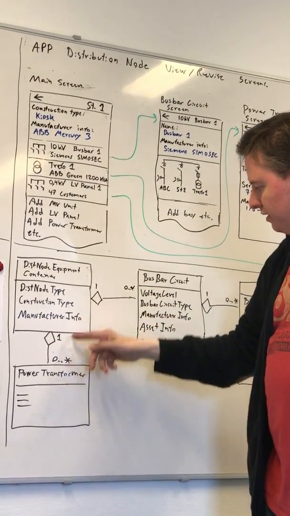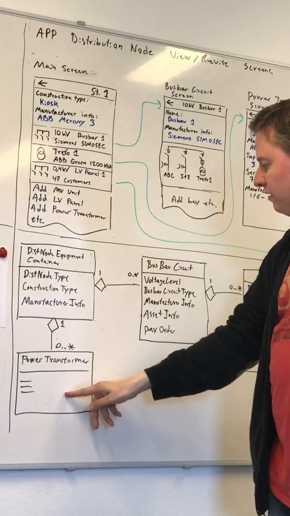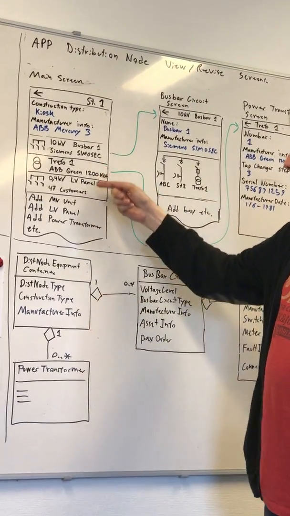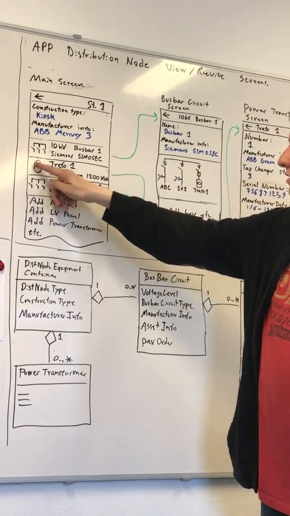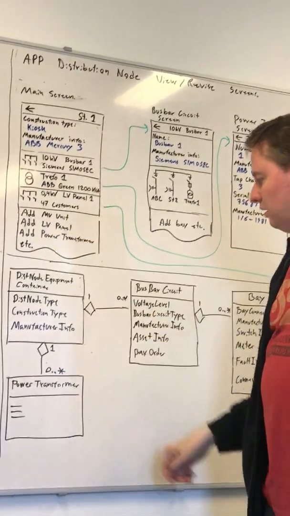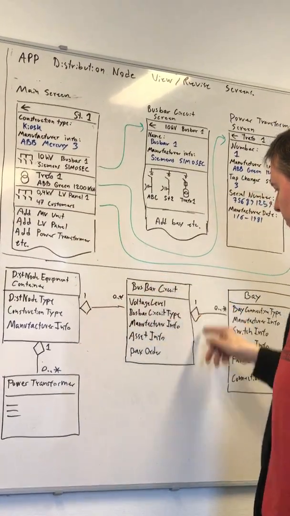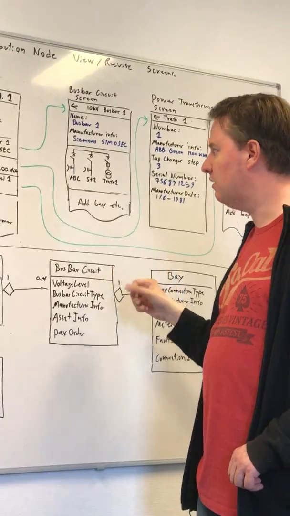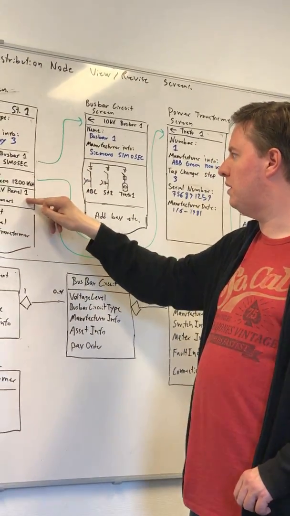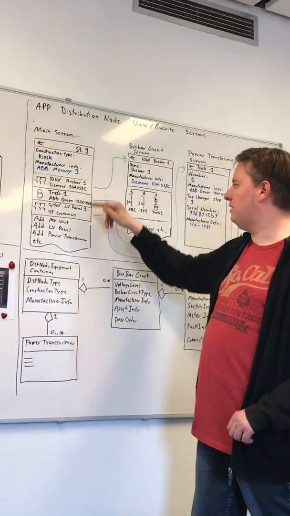How many power transformers does it have? If it has 2, then she will show 2 of these. This is a symbol for a power transformer. And then she has to look here: okay, there are 2 busbar circuits, and then she will show them in the list also.